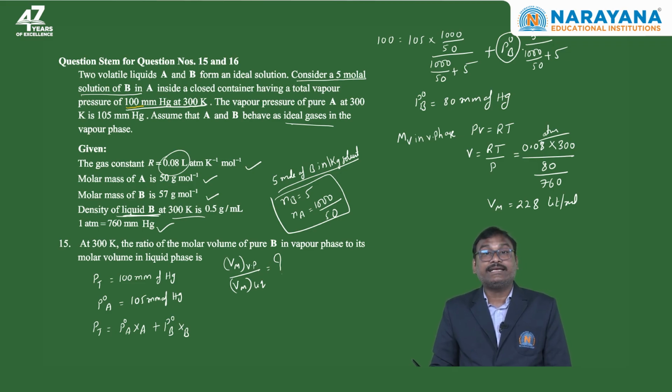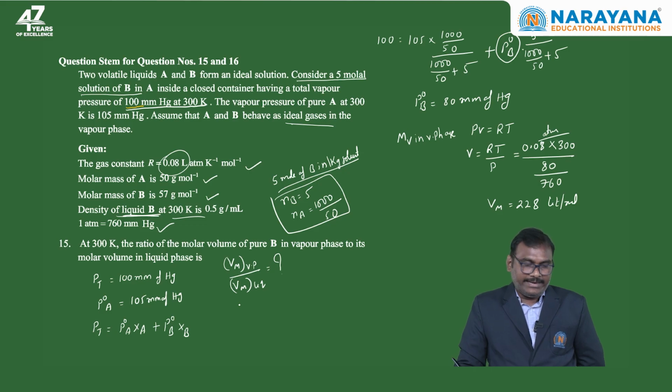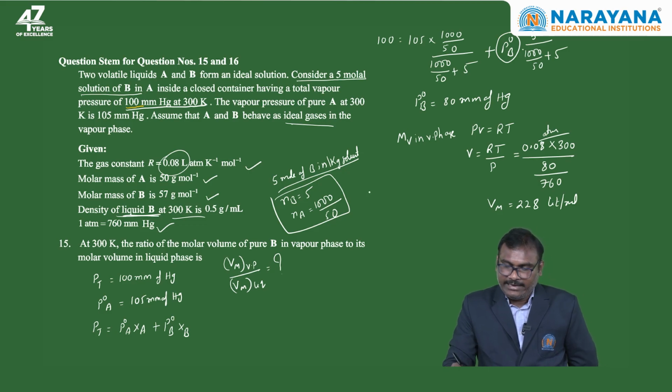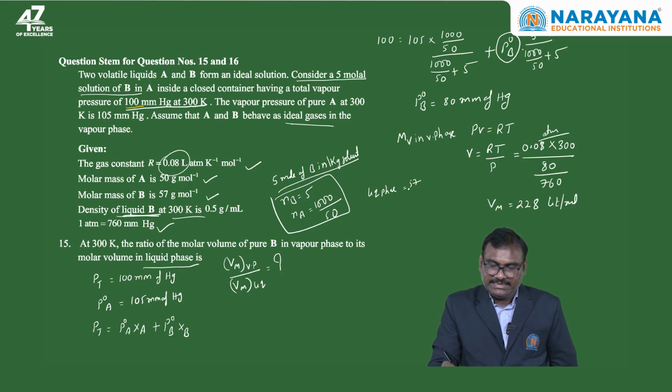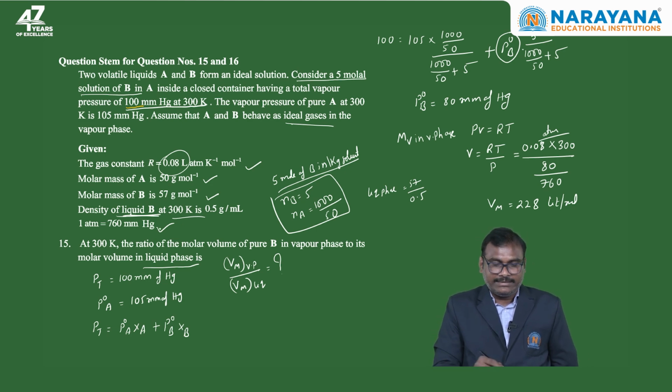But in the same question they asked to find the molar volume of B in the liquid phase also. In the liquid phase, it is equal to 57 by 0.5, since it is 57 gram per mole. We have to convert using density, which is also given as 0.5 gram per ml.